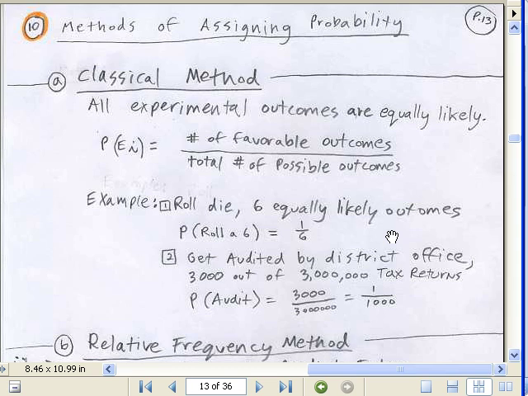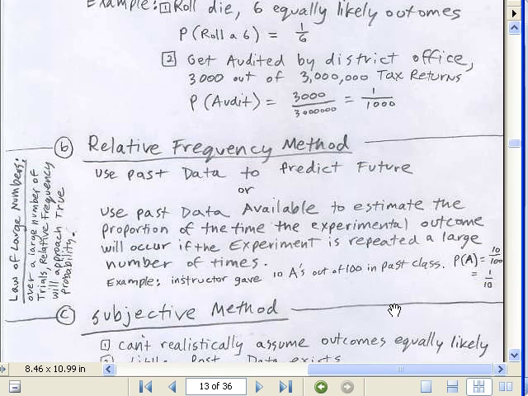If you're trying to get a 1, it's 1 in 6. If you're trying to get a 2, it's still 1 in 6. How about getting audited by a district office? This office has 3 million tax returns that they cycle through, and they always audit 3,000. This would be classical. You just take the 3,000 divided by 3 million, and you get 1 in 1,000 that you're going to get audited.